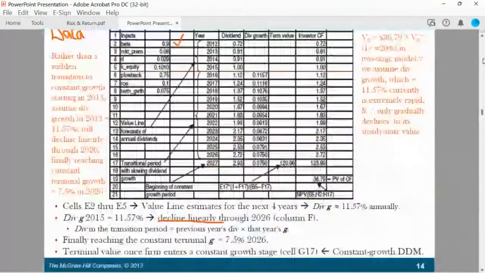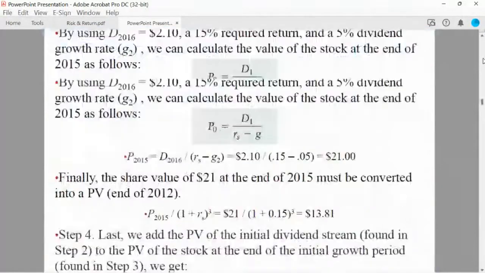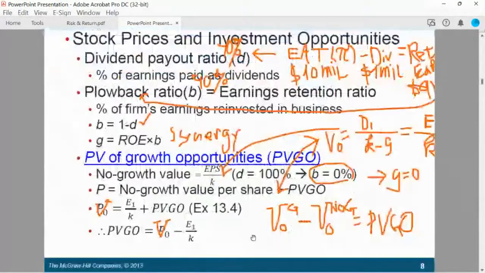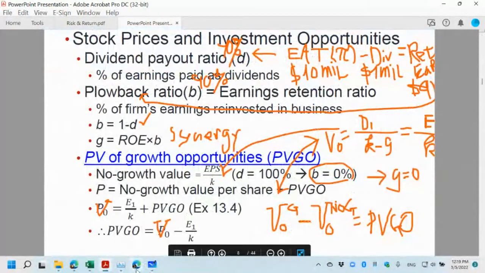Price earnings ratio is basically the reciprocal of earnings yield. All right. So we're out of time.